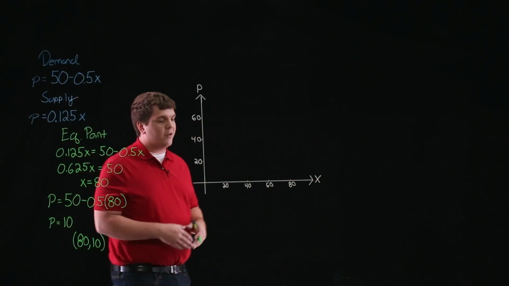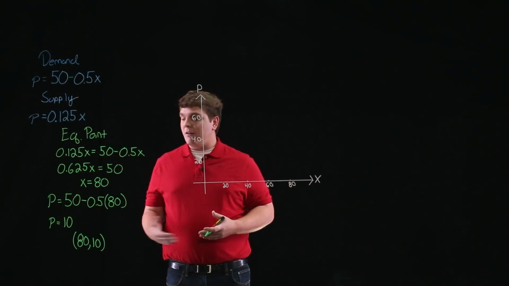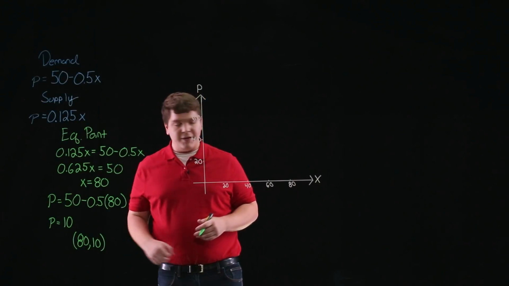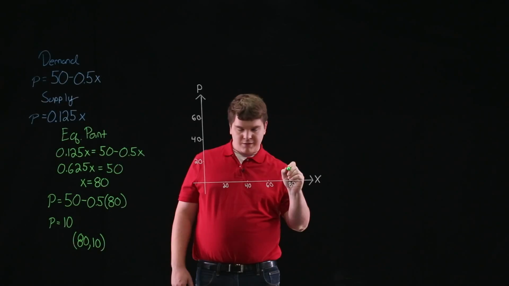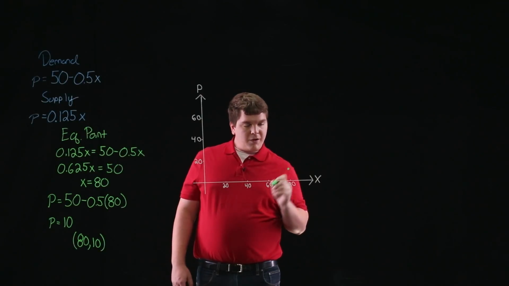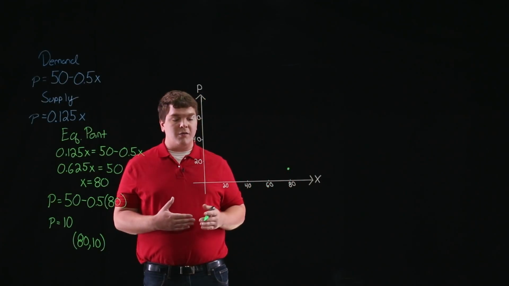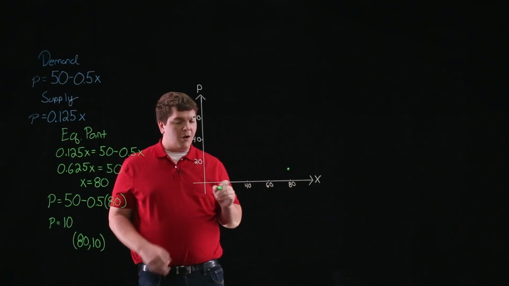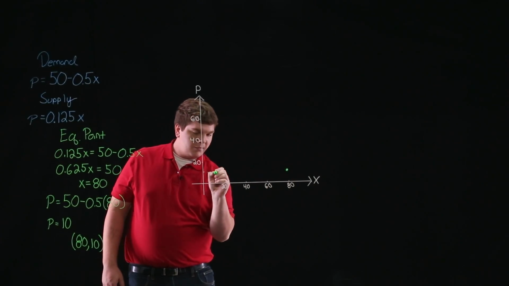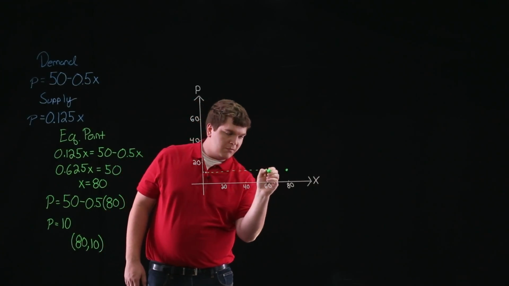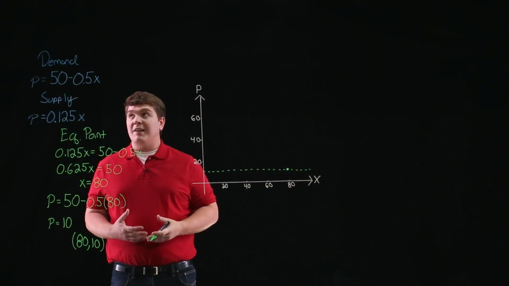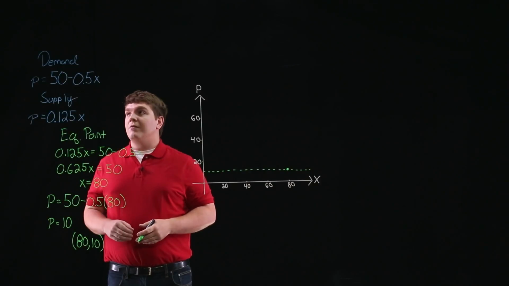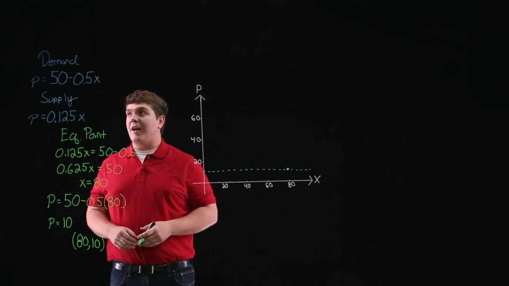So now let's come over to our Cartesian plane and let's plot our equilibrium point, the point (80, 10). So (80, 10) will be right about here. And we also want to consider a horizontal line passing through our equilibrium point. The next thing we would like to consider is our graphs for demand and supply.